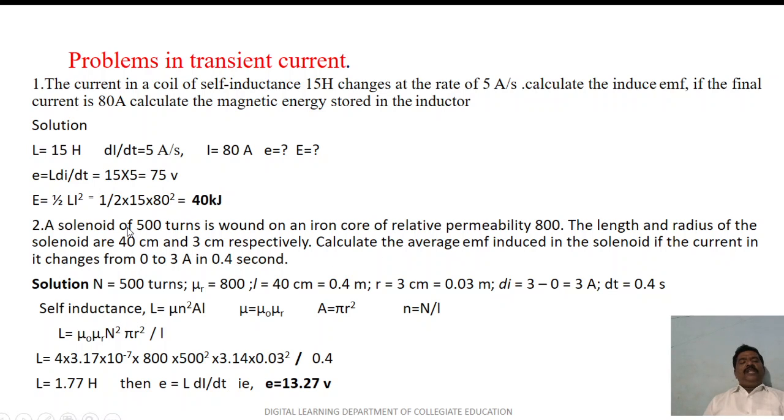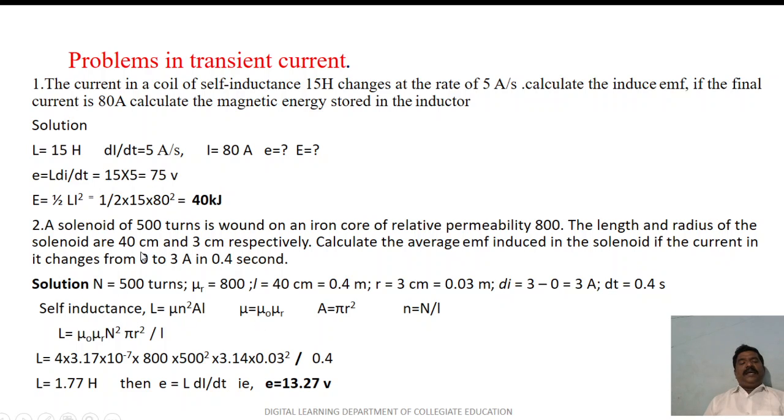When you see the solenoid, it is made up of a number of turns, where mu naught is called the permeability of free space and mu r is called the relative permeability of a material. They have given the length and radius as 40 cm and 3 cm respectively. You want to calculate the average EMF induced in the solenoid.